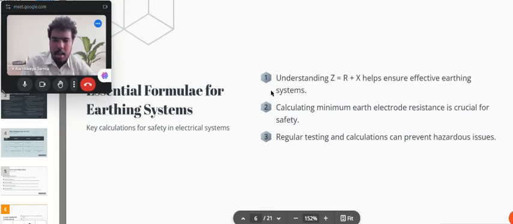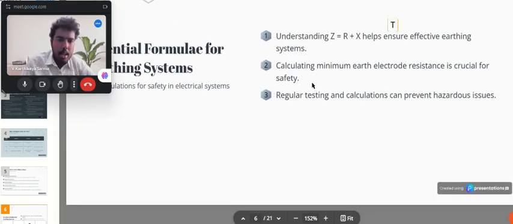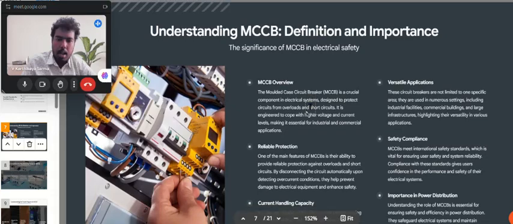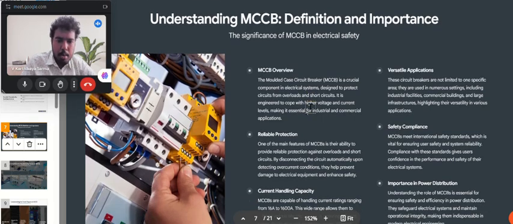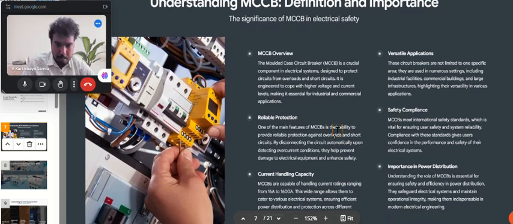Essential formula for earthing systems. And now, MCCB. MCCB stands for molded case circuit breaker, which is a crucial component in electrical systems designed to protect circuits from overloads and short circuits. It is engineered to cope with higher voltage and current levels, making it essential for industrial and commercial applications.